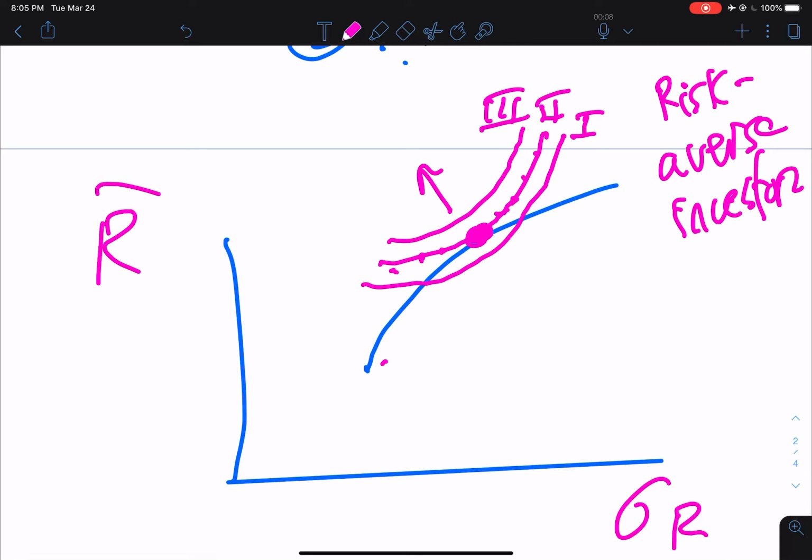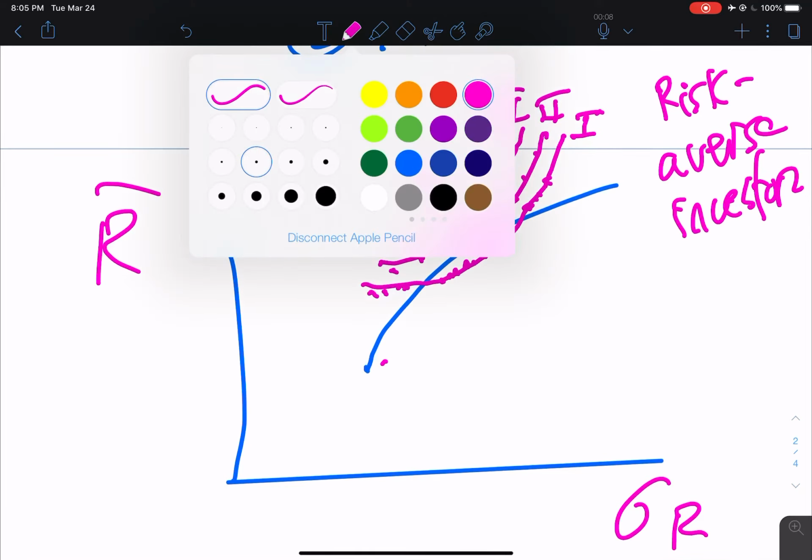Because there's nothing available in the real world consistent with buy and hold investing that allows the investor to get to indifference curve 3. He can get to lots of points on indifference curve 1. Some he can't get to, but as long as you get to a couple, this, and this, or any one of them gets you just as happy as you are anywhere else on indifference curve 1. And by the way, different investors have different types of indifference curves.